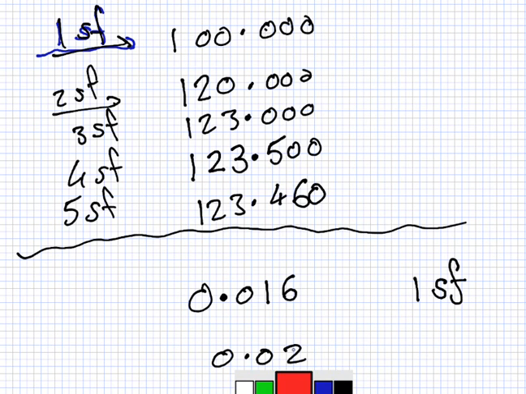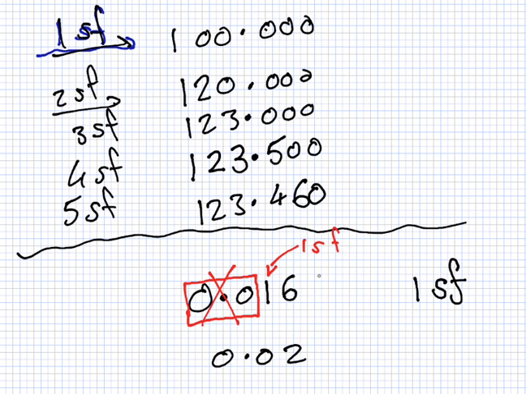The thing you need to be careful about with significant figures is you don't include the zeros at the start. So this is called the first significant figure, and this is called the second significant figure. So if I want one significant figure, I want this one. What does the 6 do? It makes the 1 become 2. And then the 6 goes to 0, but there's no need to write that.